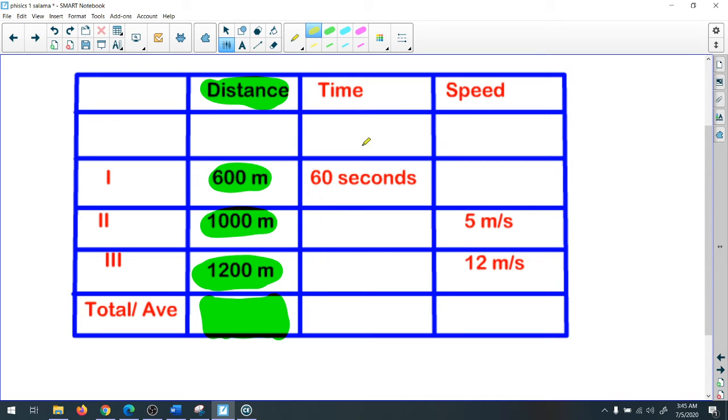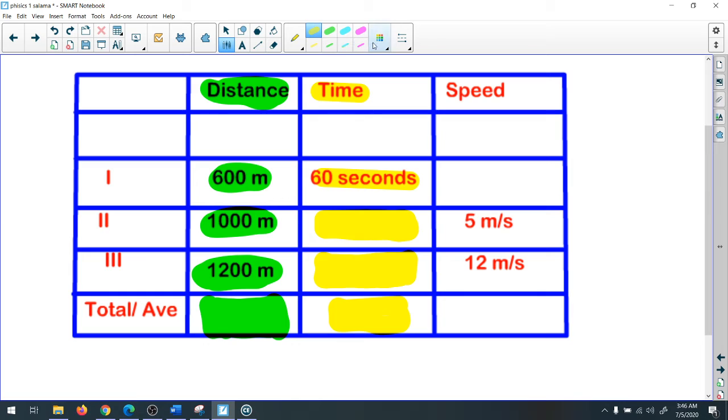In the column of time, we already have the first time, which is 60 seconds. We're looking for this one, which is missing, and the third row time, which is also missing. Then we add the times here. In this rectangle, we're going to divide the total distance over the total time. That's our plan.